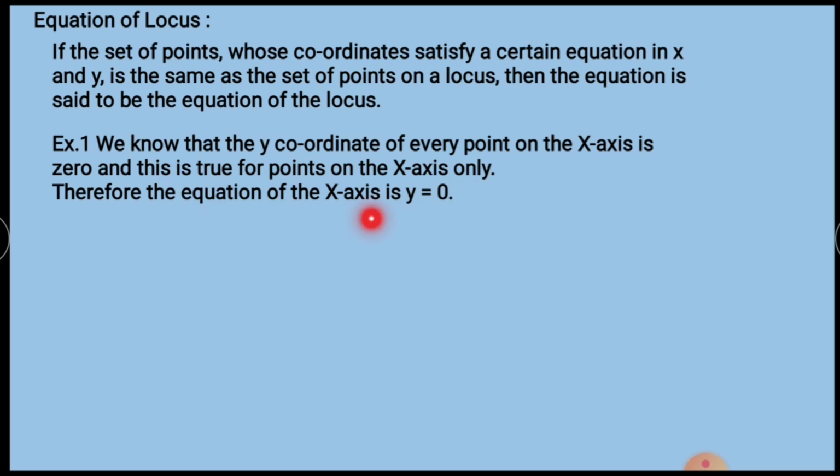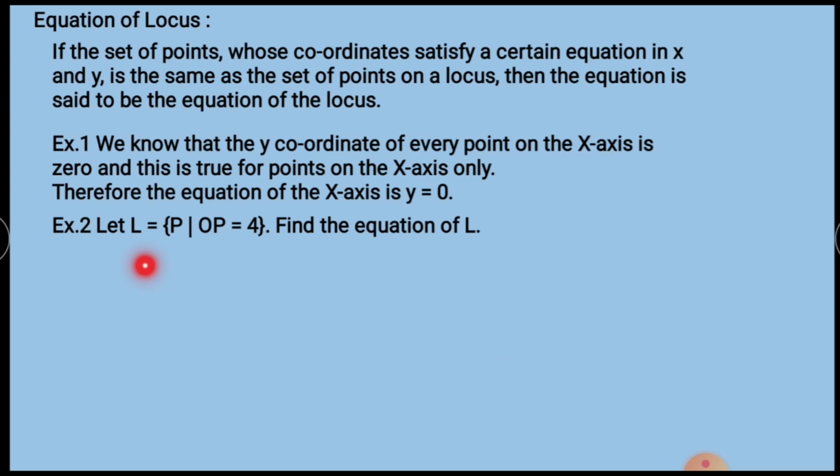Therefore the equation of x axis is y equals 0. That means equation of x axis is the equation of locus because it satisfies one specific condition, that is every point on x axis has y coordinate 0.